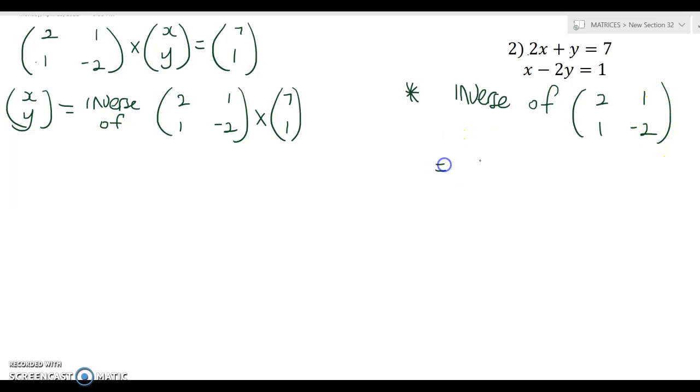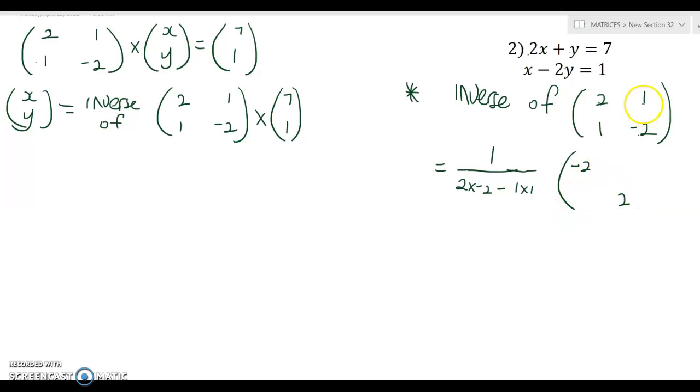I'm going to do everything in one. So it's 1 over the determinant. That's 2 by negative 2, take away 1 by 1. So on the bottom, there's my determinant. And then we switch the numbers in the first diagonal, so minus 2 comes here, 2 comes down there.